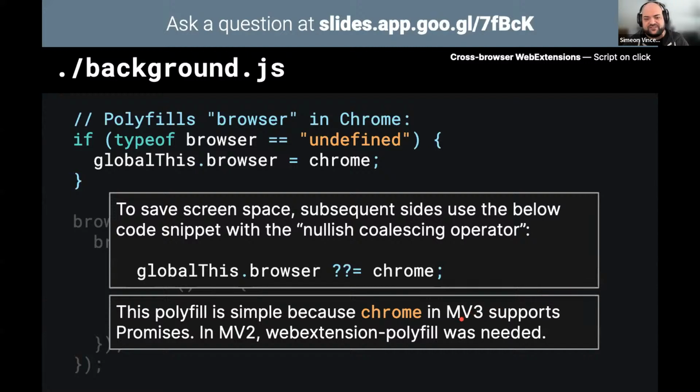And finally, this polyfill, if you can call it that, is extremely simple because in Manifest v3, Chrome added support for promises in various APIs, and Firefox already had that. So this is, again, reducing incompatibility between browsers. If you do need to target Manifest v2 for some reason, then I'd recommend using the web extension polyfill. That library is developed by Mozilla and polyfills the Chrome APIs to use promises in order to reduce incompatibility between implementations.